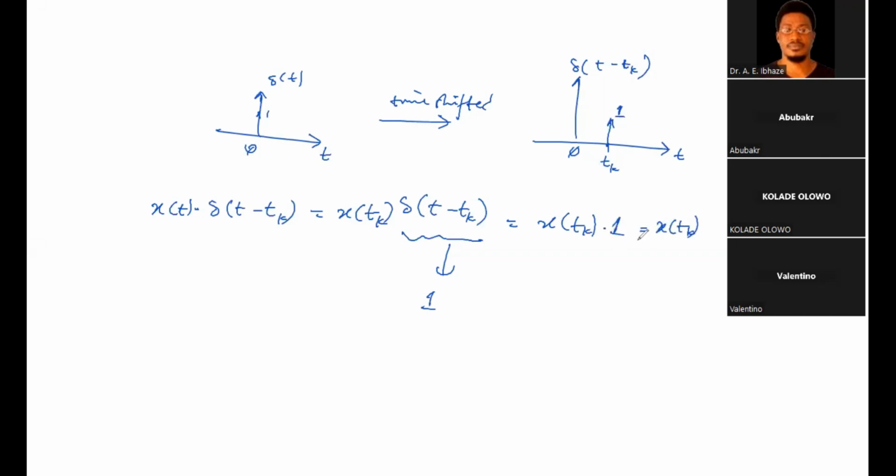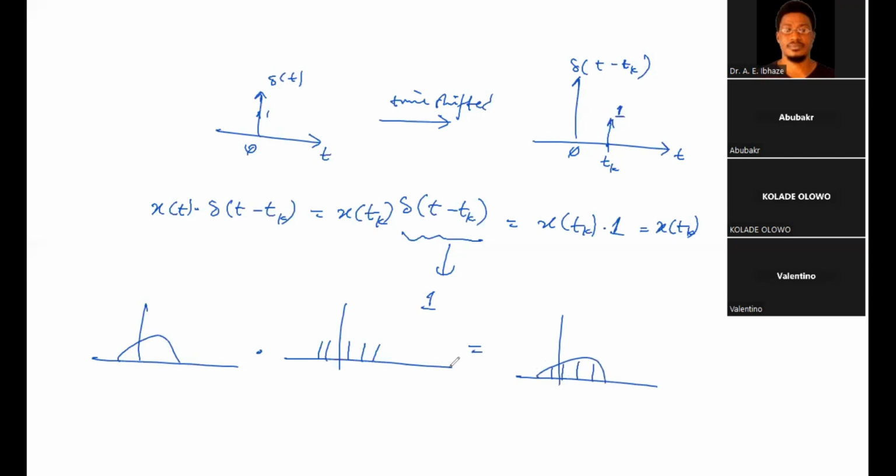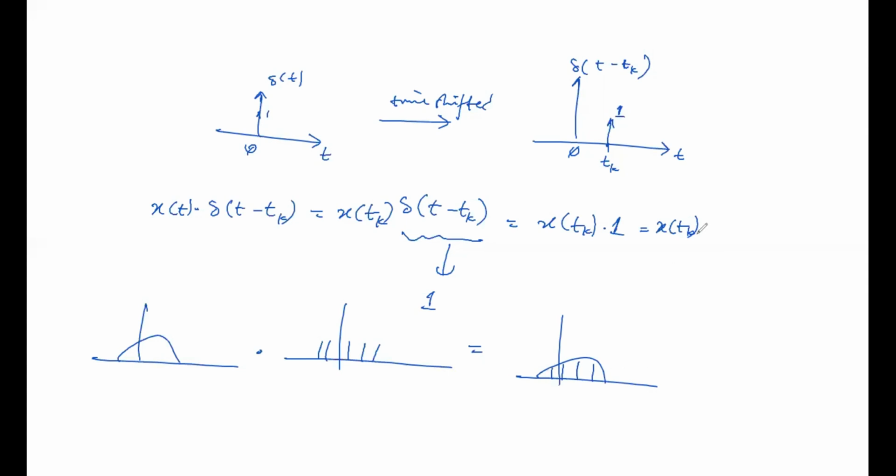So if, for instance, we have a signal, say this, and then we have a comb function, this. Once we multiply this, we are going to have something like this, such that we now have this signal in this form.